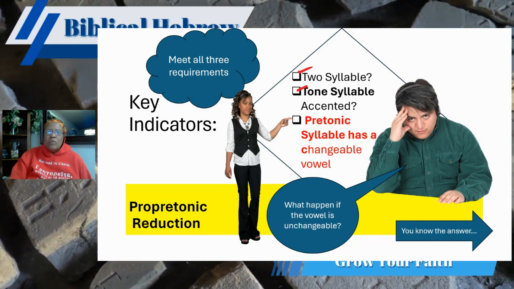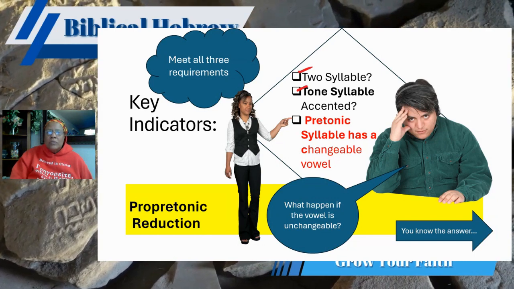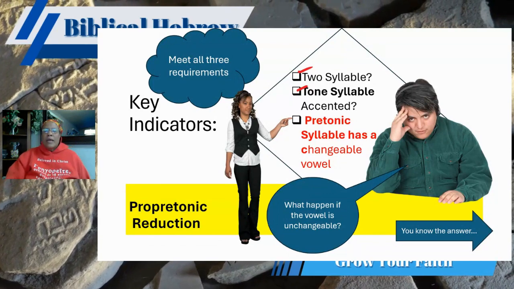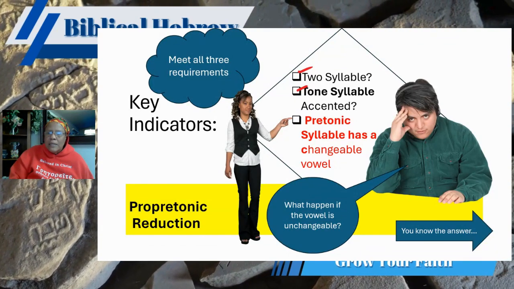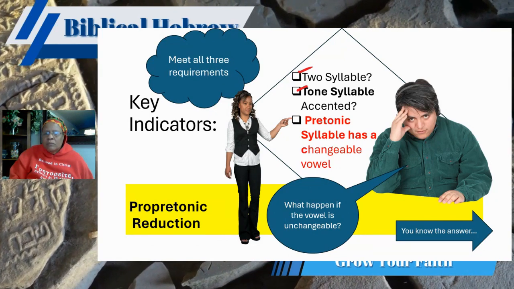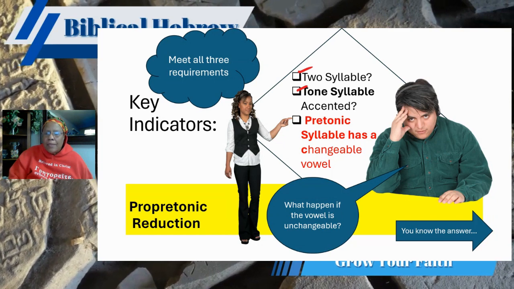And then we're going to move, just like we've been doing, the begadkefat letter to the new tonic syllable and now write the entire word. Bringing it down just like math.